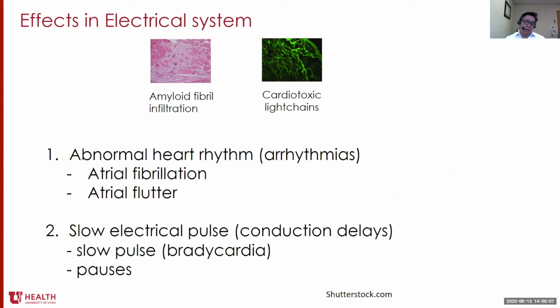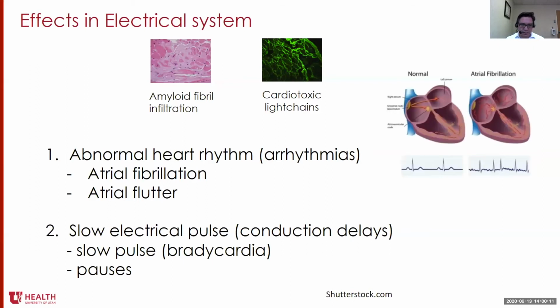The amyloidosis can also affect the electrical system of the heart. As you can see on the first figure to the left, the electrical system of the heart should produce an impulse from the top chambers and go to the lower chambers. But when there's amyloid affecting these upper chambers of the heart, there are multiple erratic impulses.